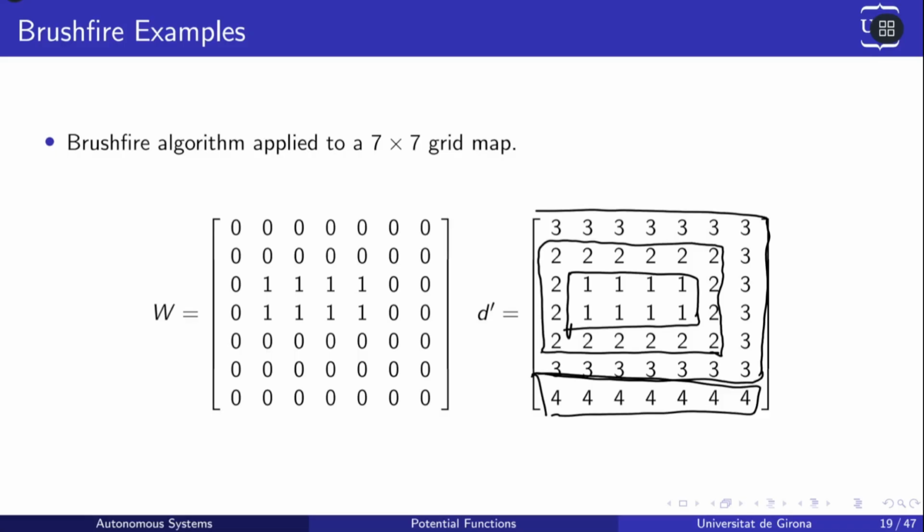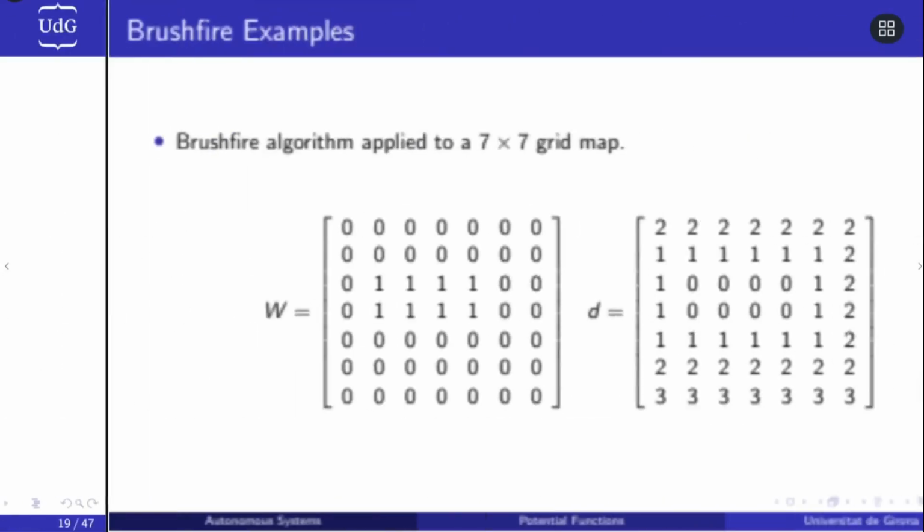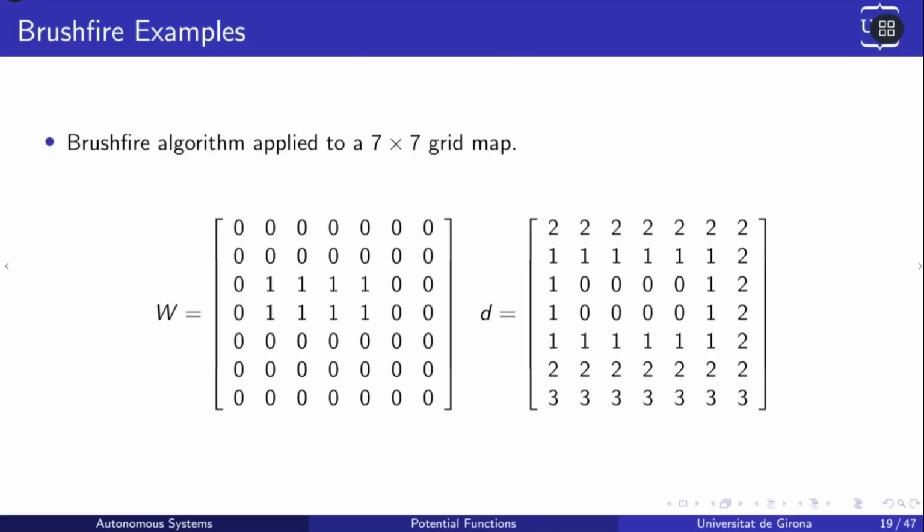As you can see, I always have 1 plus the real distance to the obstacle, because I start with 1 in the obstacles and zeros in the free space. This is why I have to subtract 1 from the final map, and now I have 0 for the obstacle, because the closest distance from an obstacle position to an obstacle is 0. 1 for the ones at distance 1 using connectivity 8, 2 for the ones at distance 2, and 3 for the ones at distance 3.